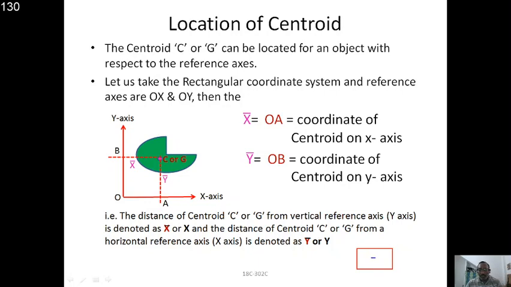To specify and communicate to any other person that this is the centroid of this object, you need to have some reference axes. Either you can draw reference axes somewhere here like this, or you can draw them somewhere here.